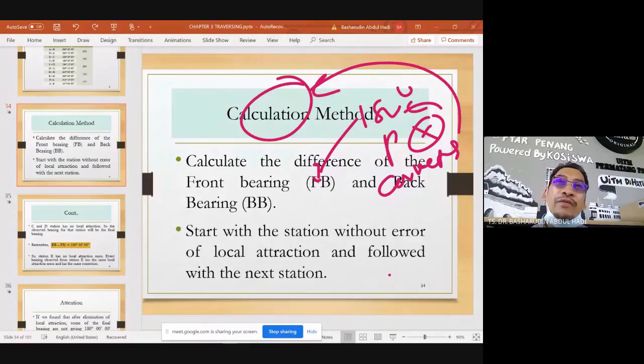Then lastly, you have E to A and A to E, and you get exactly 180 degrees. So from A to E, E to A, the line we consider is right. So our calculation starts from this point. This one is correct, no correction, and the measurement is right. Okay.